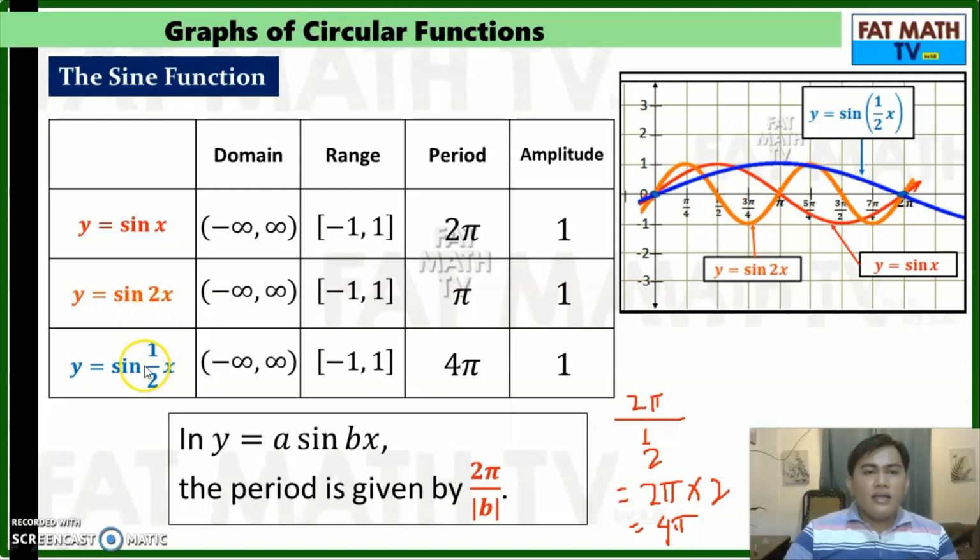And if the number here is less than 1, it will create a horizontal stretch, like what happened here in the blue graph. There's a horizontal stretch if our reference is this red one, y equals sine x. And this orange is a horizontal shrink of y equals sine x.